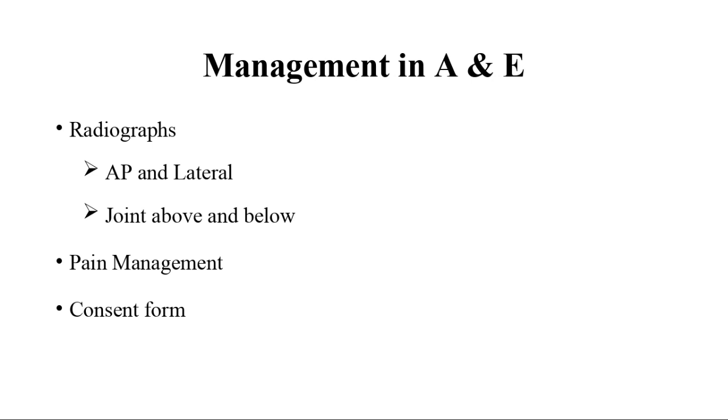So the next time you look at the consent form, what should it state? The benefits of the proposed surgery, irrespective of what it is. Let's just say this patient has a fracture of the ankle. The benefits of the proposed surgery on the ankle, an open reduction and internal fixation, include, number 1, restoration.